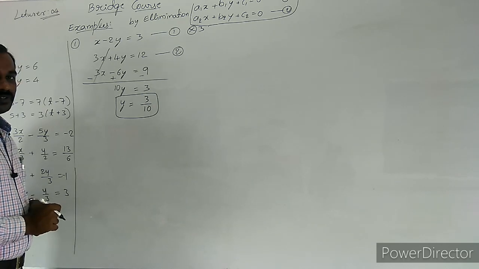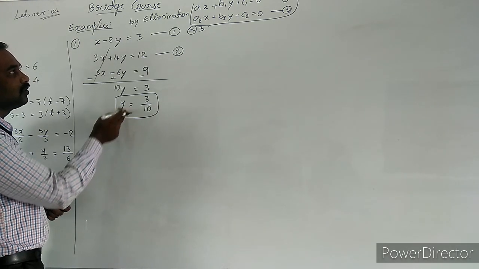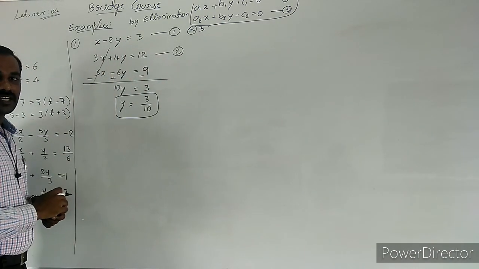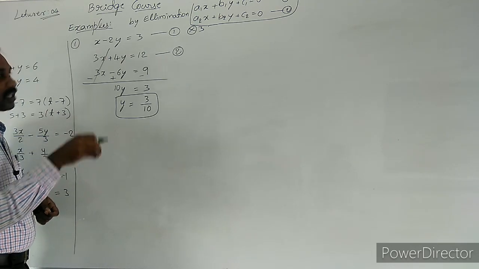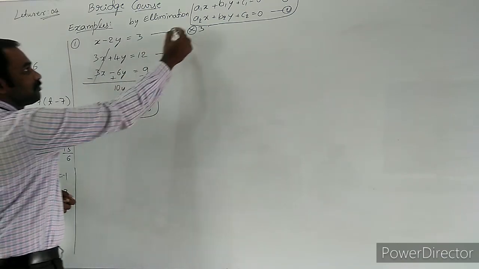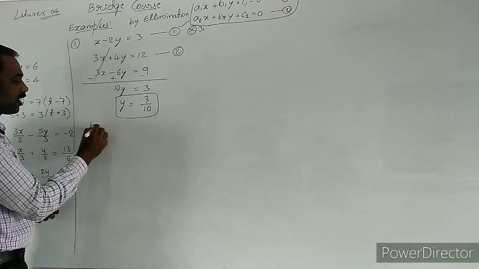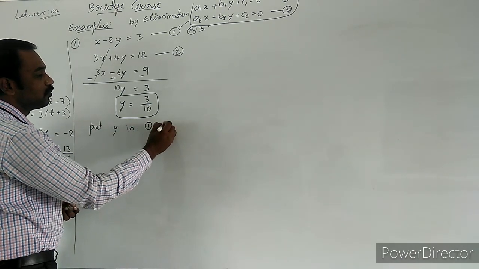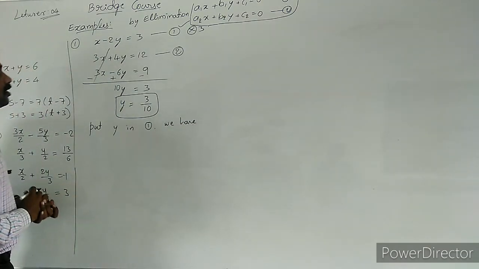Now we have to get the x value, so put this y value in any one of the equations, either equation number 1 or equation number 2. Whichever equation has the smaller coefficients, it is better to substitute in that equation. So I refer to equation number 1 and put the y value in it.